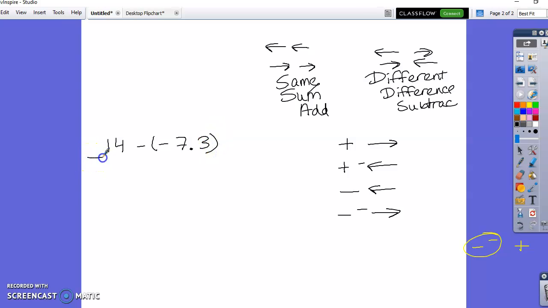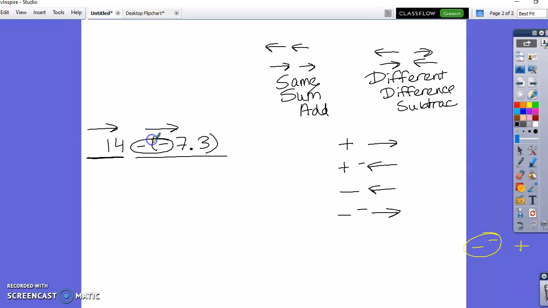So we're starting right here. I don't see a sign. If I don't see a sign, it goes to the right, okay? Now I'm looking right here, from here to here, okay? Minus a negative. Yep, there it is. It goes right, okay?